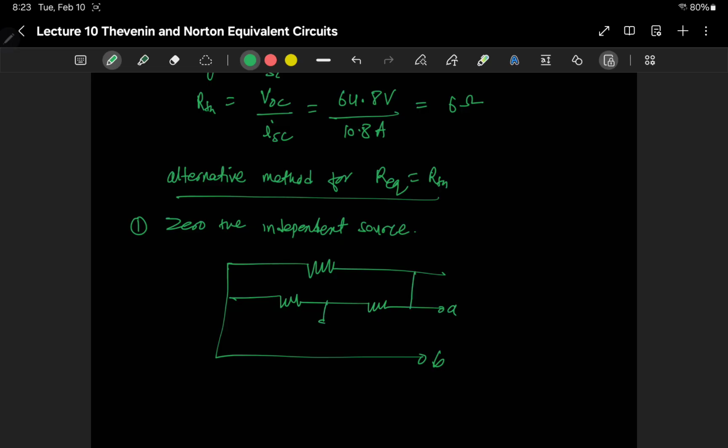There was the voltage source that is now short circuited. Sorry, this was 20 ohm. This is 8 ohm. This is 12 ohm. And R equivalent is looking from this perspective.